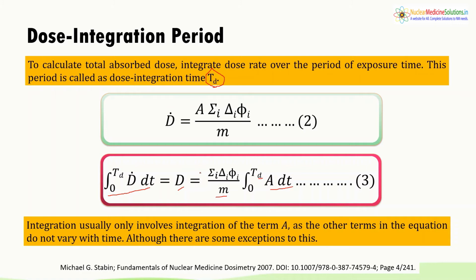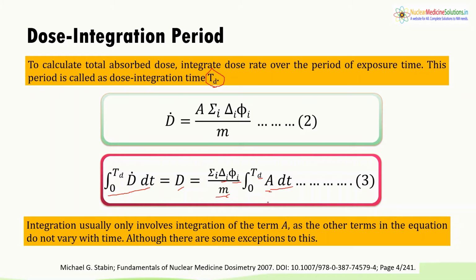Here the integration usually involves the term A only, as other terms of the equation do not vary with time, though there are some exceptions to this. There is one study of 2008 which says the nature of radioactivity changes with respect to the distance between Sun and Earth.